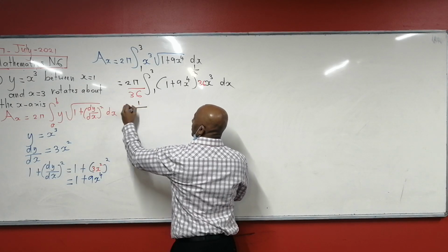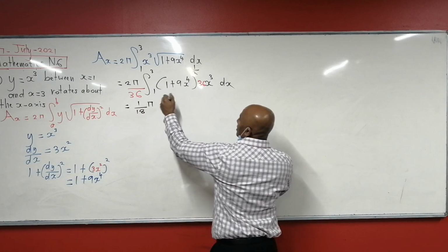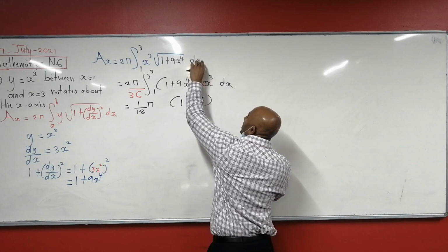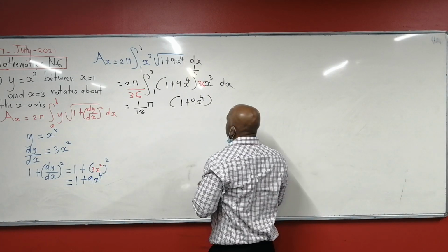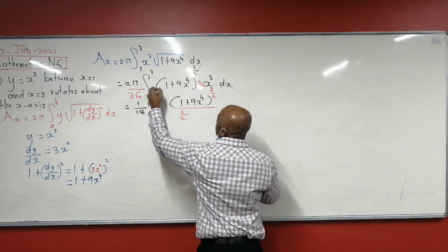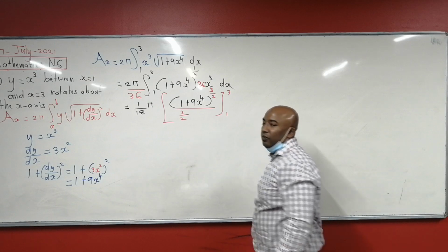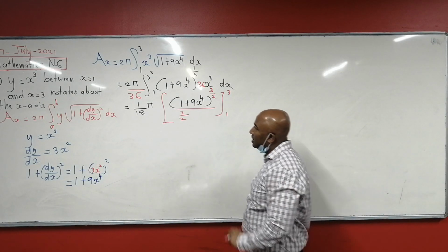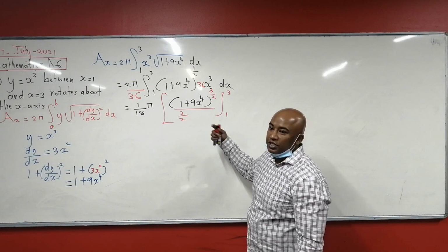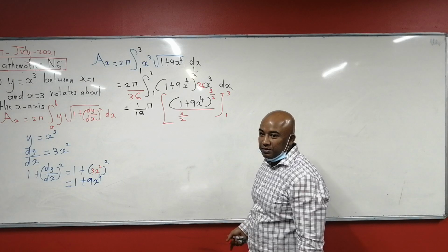So this becomes 1 over 18 pi, and this is going to be f of x, 1 plus 9x to the power 4, half plus 1 then, which is going to equal 3 over 2, all divided by 3 over 2, substituting 3 and 1. Okay, this is integration by inspection. If you want to try your substitution, you can, but very few people will have actual time in the exam to go and use substitution.